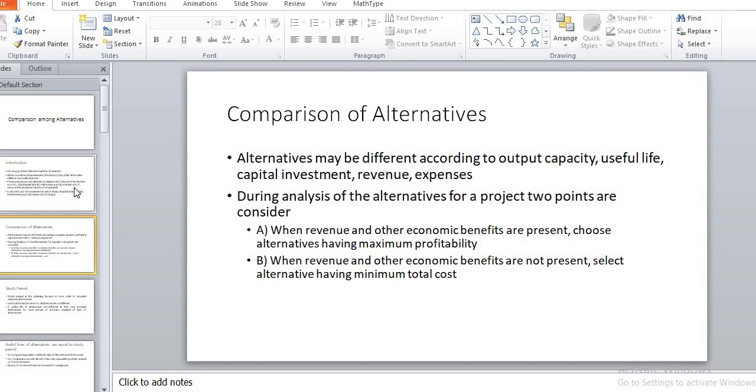When that data is not available, we compare the alternatives with a minimum total cost. So how you compare depends on whatever data is available: either maximum profit or minimum total cost.